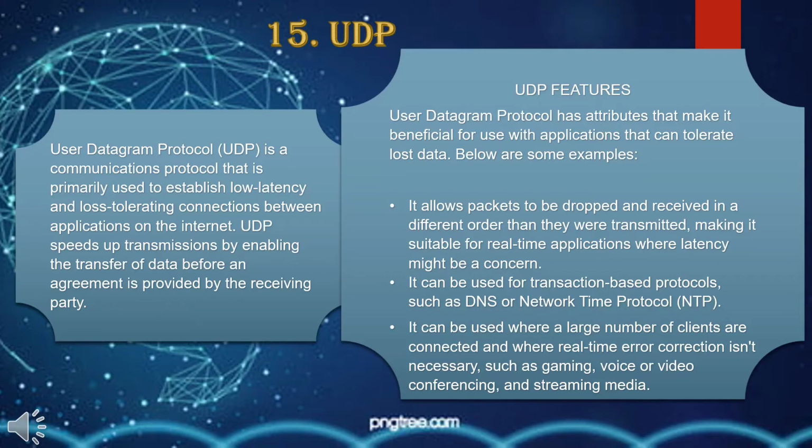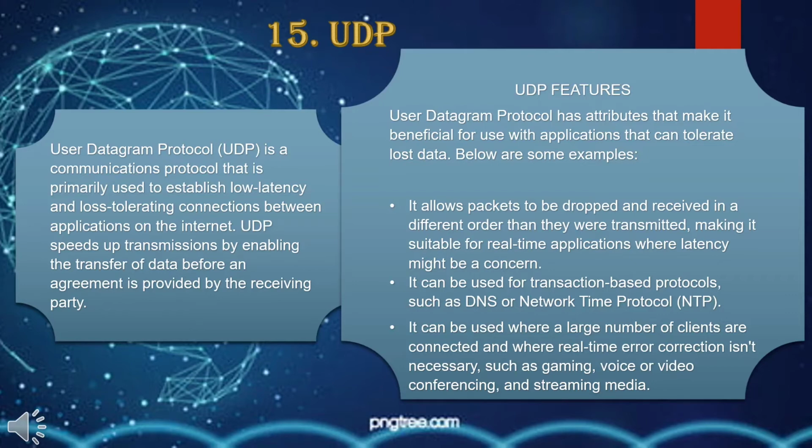User Datagram Protocol has attributes that make it beneficial for use with applications that can tolerate lost data. Below are some examples. It allows packets to be dropped and received in a different order than they were transmitted, making it suitable for real-time applications where latency might be a concern.